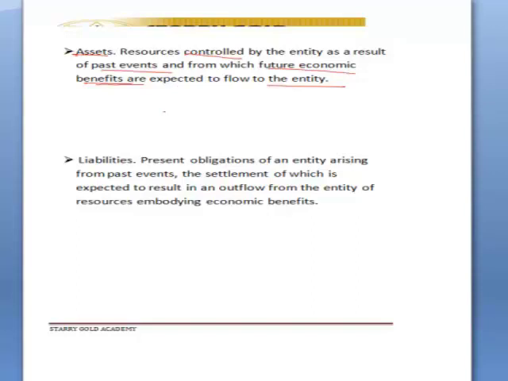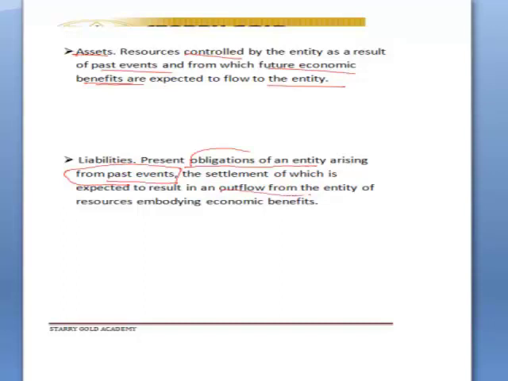Okay, so what is a liability? Liability represents an obligation of an entity. It must be an obligation, either a contractual obligation or otherwise, of an entity. It is also arising from past events, the settlement of which is expected to result in an outflow.